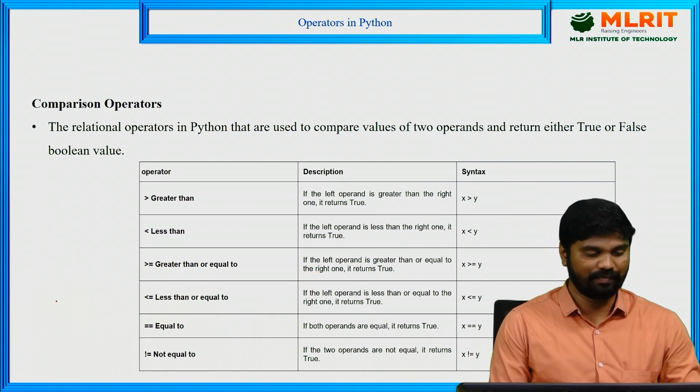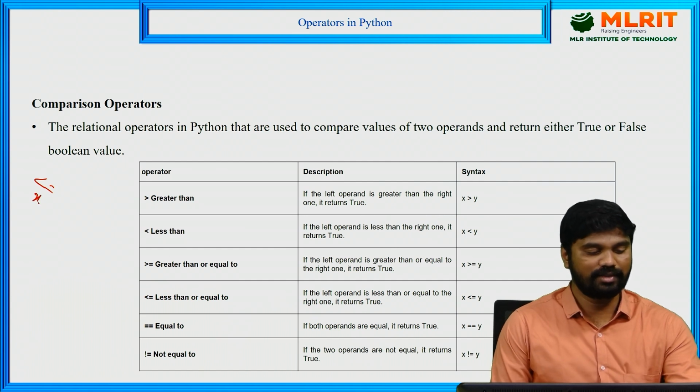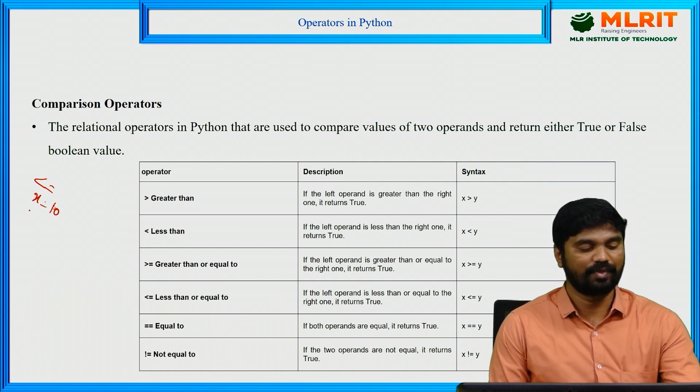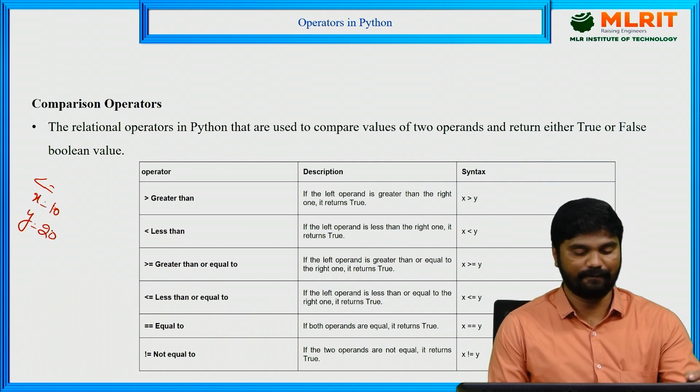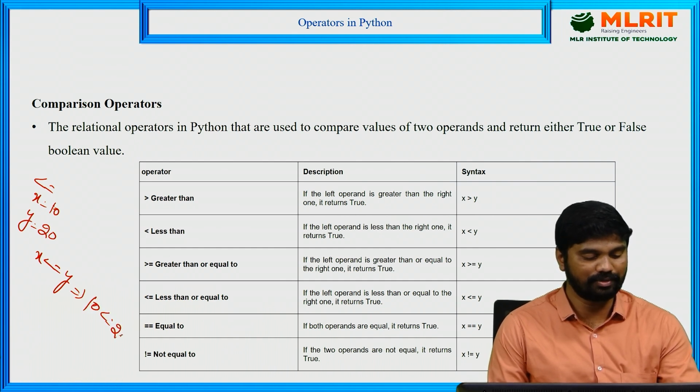That is one thing. Next, less than or equal to. Now, x equals 10, y equals 20. Now, x less than or equal to y, that is 10 less than or equal to 20.